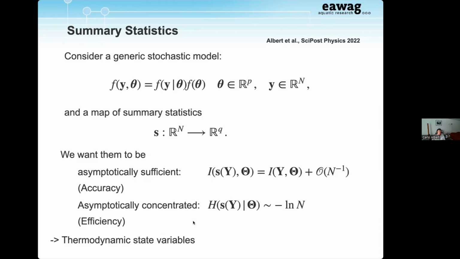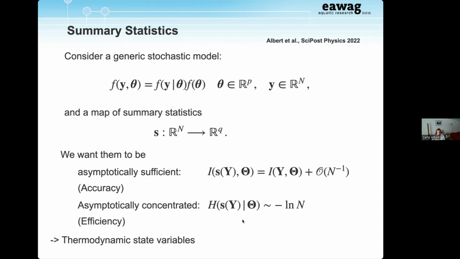It's just an expression of this concentration property. If we fix temperature and magnetic field, energy and magnetization are very much concentrated, and we can describe the system by either of the two sets of variables. All right, so that's the setting.